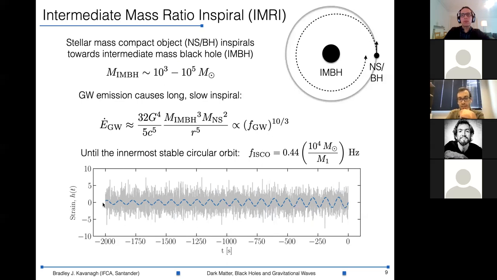What you see, schematically, is roughly a sinusoidal wave which is increasing in amplitude as the two objects get closer, but also very slowly increasing in frequency, until you reach some final frequency at the innermost stable circular orbit of this object, at which point the two things merge.